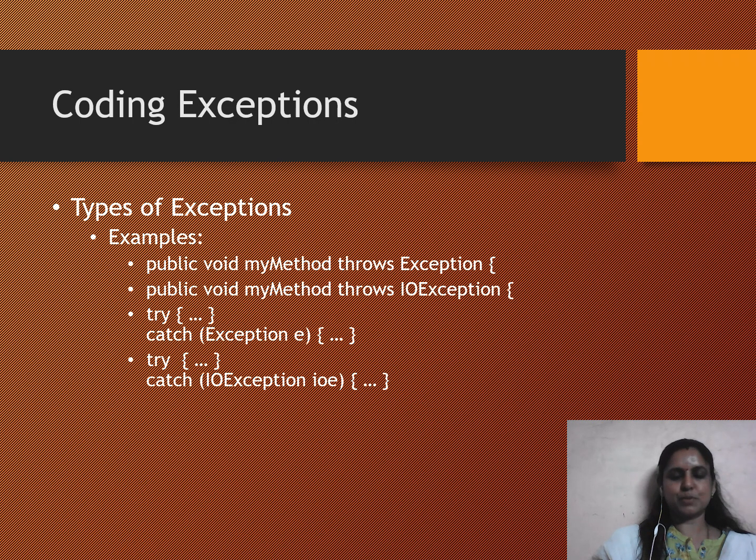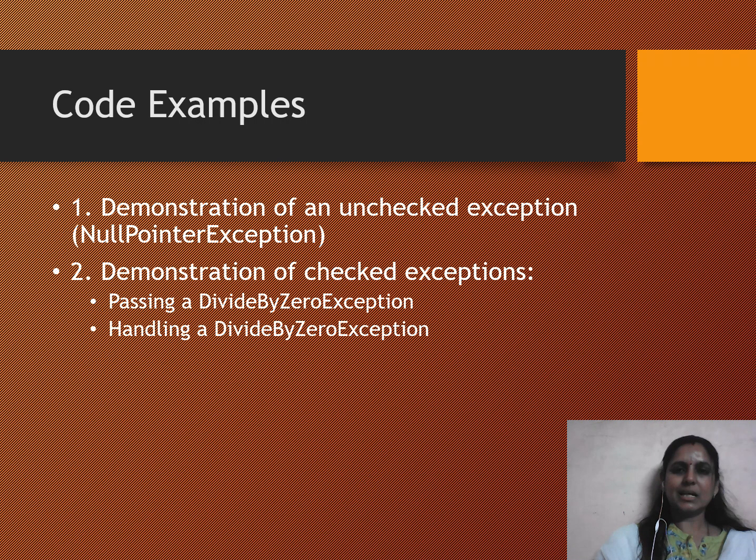Here are some types of exceptions: public void myMethod throws Exception, public void myMethod throws IOException, and try-catch with Exception e, and try-catch with IOException, where the object is e and the next one is IOE. Here are some code examples: an unchecked exception, which is a null pointer exception, and a checked exception, passing a divide by zero exception and also handling a divide by zero exception.